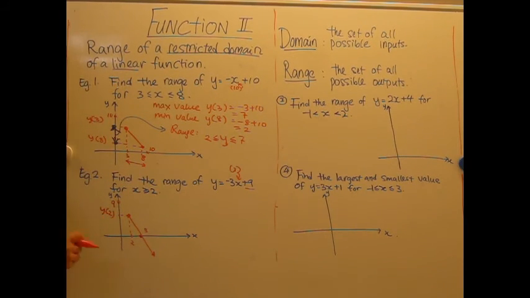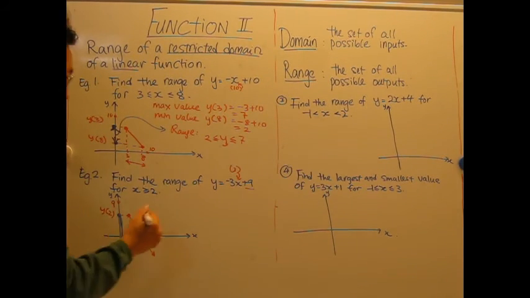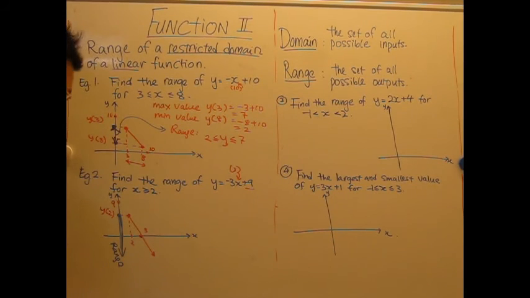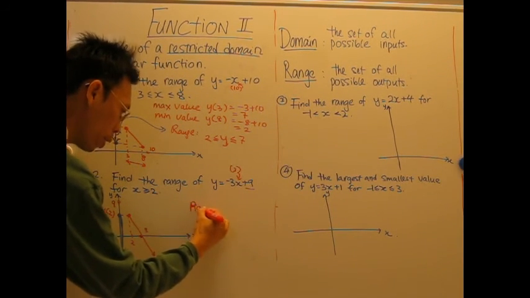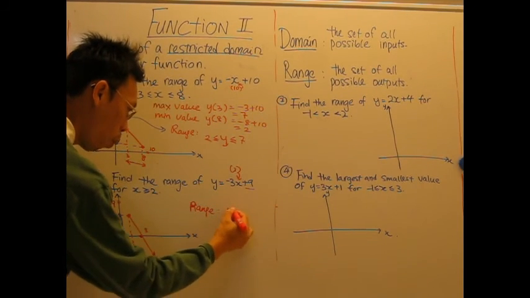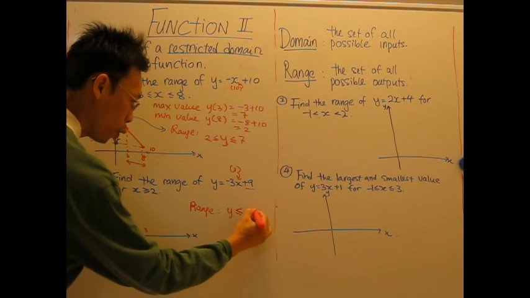For this particular graph, there is a maximum value but there is no minimum value. So the range here is y less than or equal to y of 2.